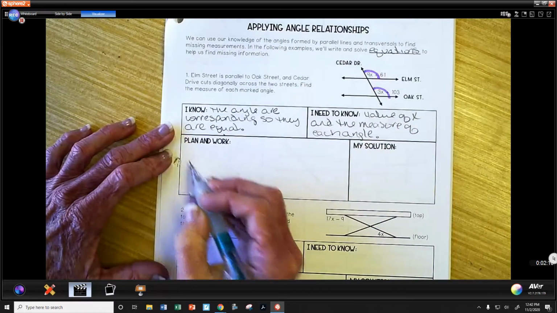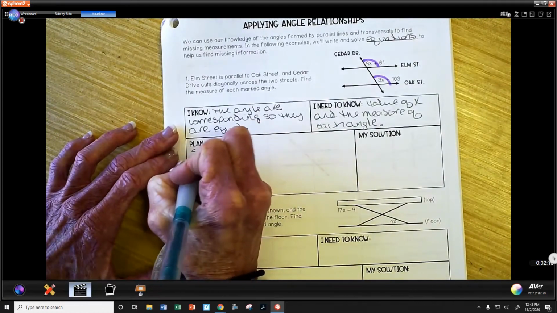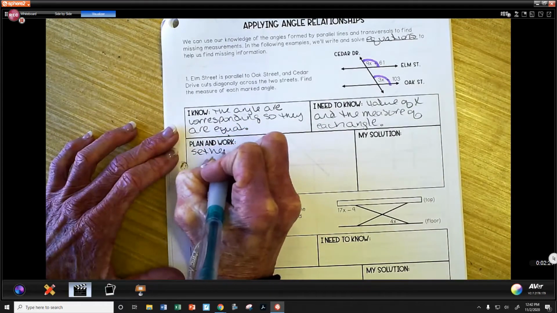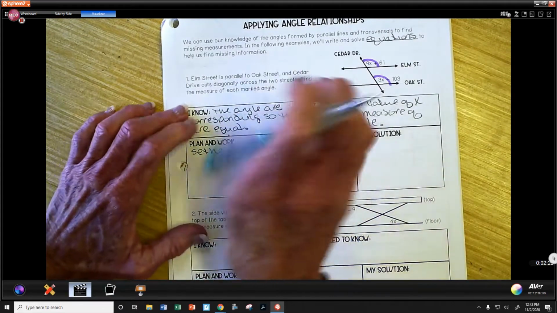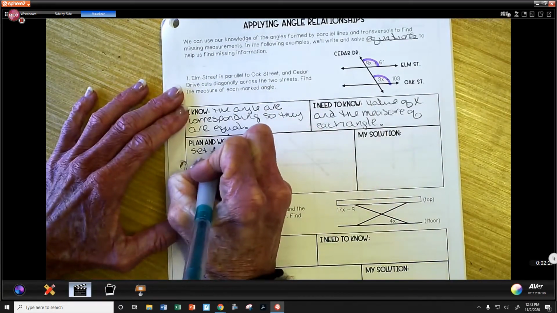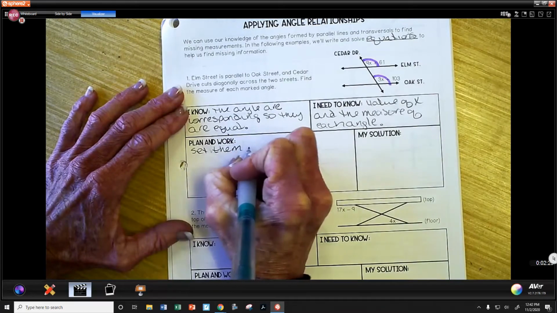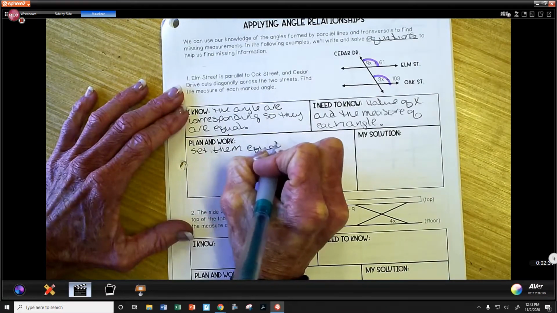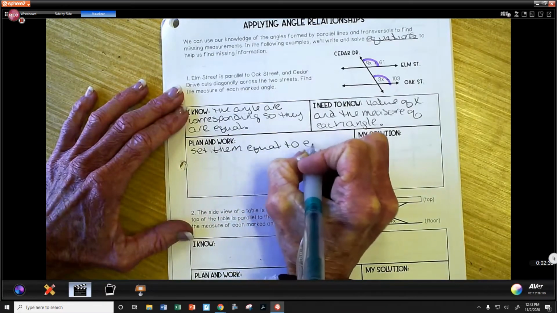Okay, so my plan. First thing I'm going to do is I'm going to set them equal to each other.